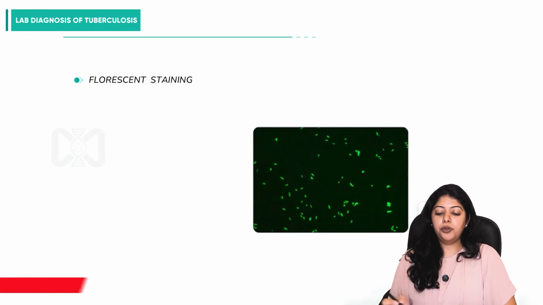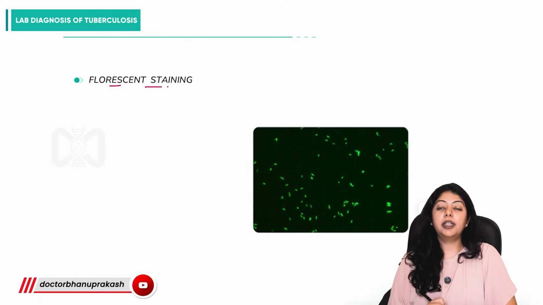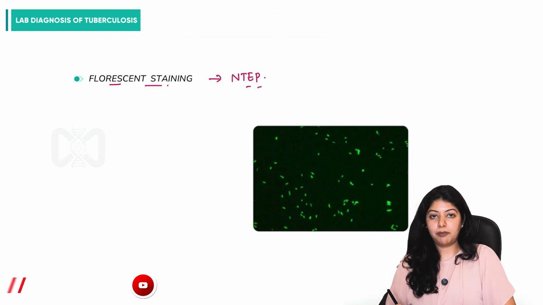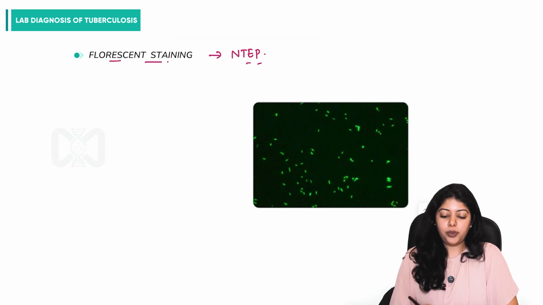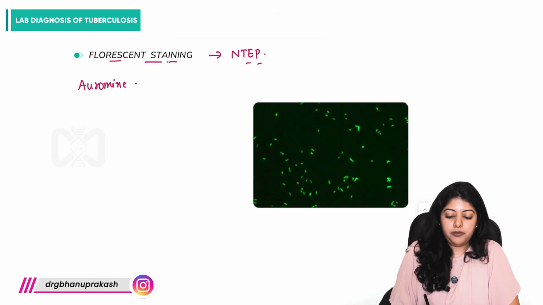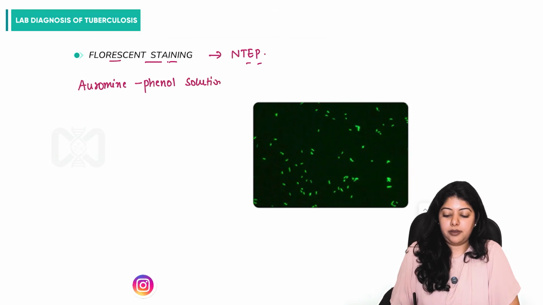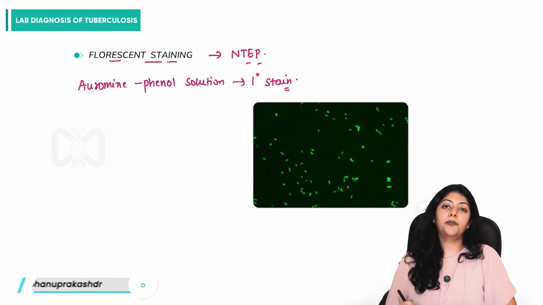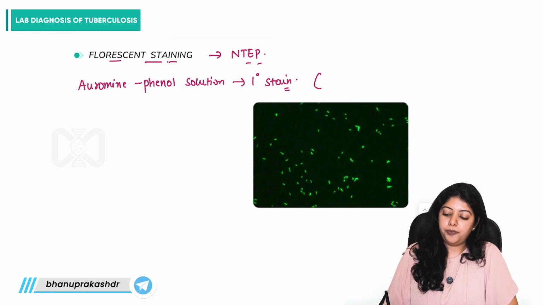So now moving on to another very important staining technique which is recommended by NTEP also. It is the fluorescent staining method. So what are we doing in this particular method? We use auramine solution as the primary stain. And it is done for around 7 to 8 minutes.